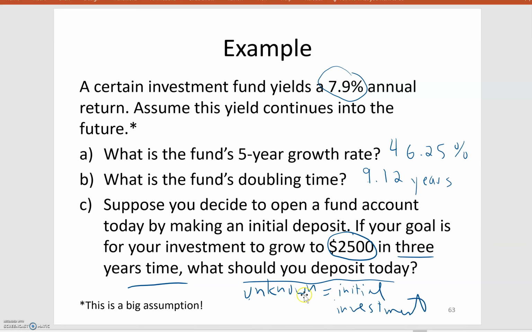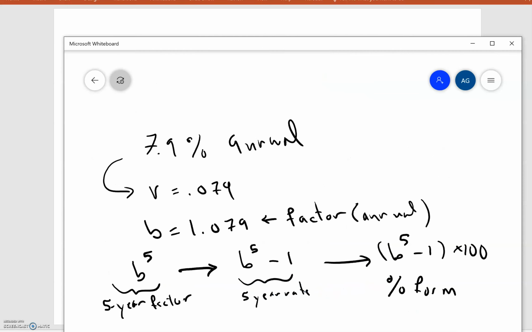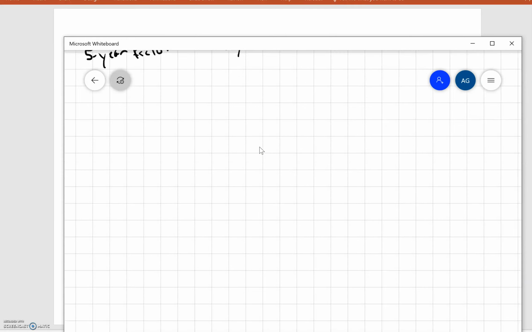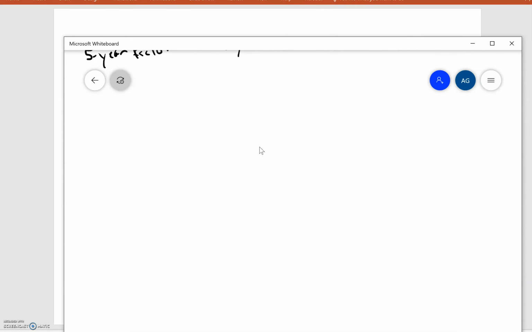So I'm going to write this out in equation form so you get a better idea of what we're working with. If we want to get $2,500 in 3 years' time, then my initial value, I'm going to call that A sub 0, times my factor, and I know the exponent is going to be 3, because t is 3 years.